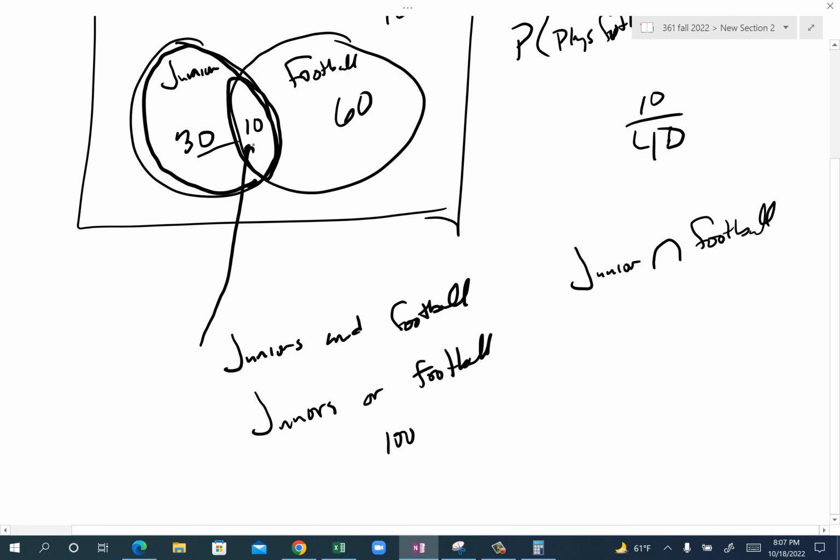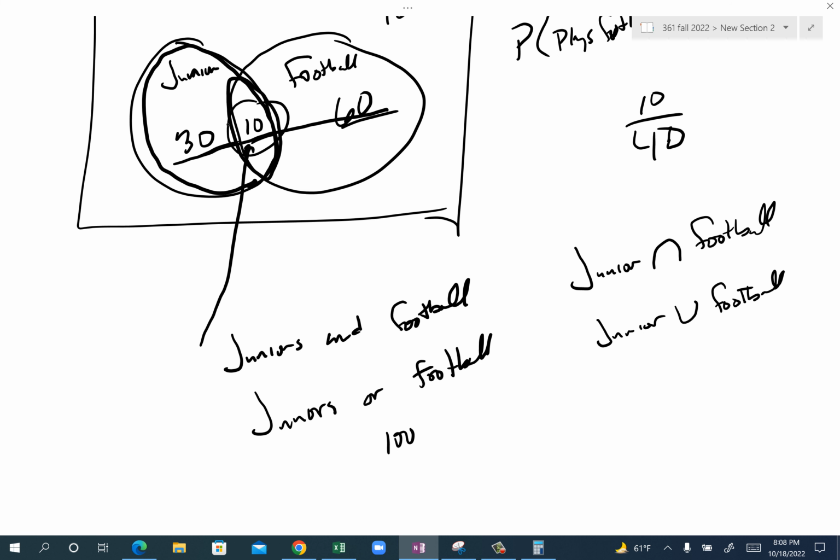There's 100 people that play both. Nice. So that would be juniors or football. This is the union of those sets. You notice I just went straight across. I said it was 100. Do you see that? I didn't count the 10 twice because it looks stupid to count the 10 twice, right?